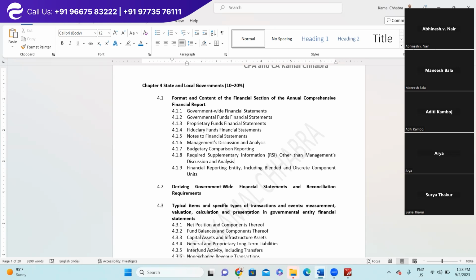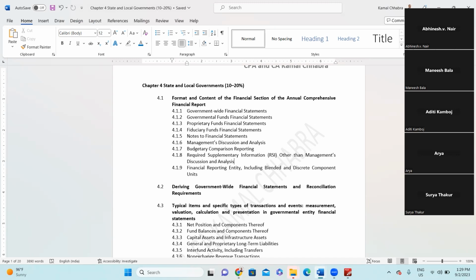The states do the same at state and municipal level, and the respective PSUs or departments also do budget versus actual comparison.